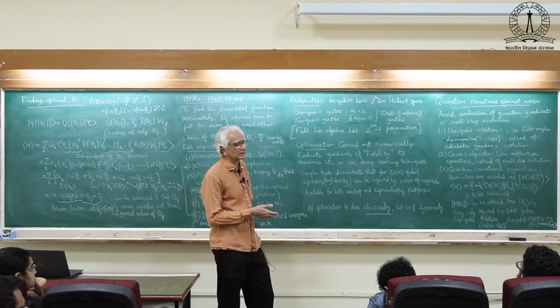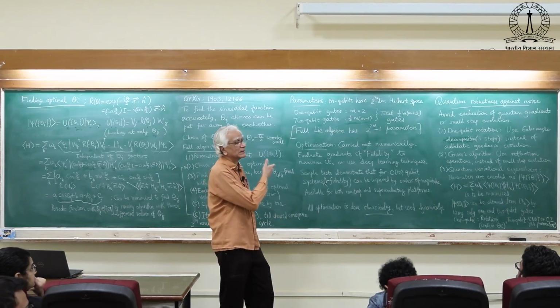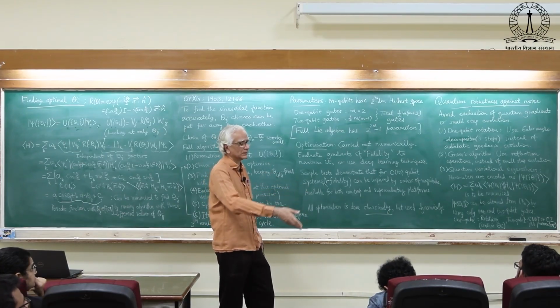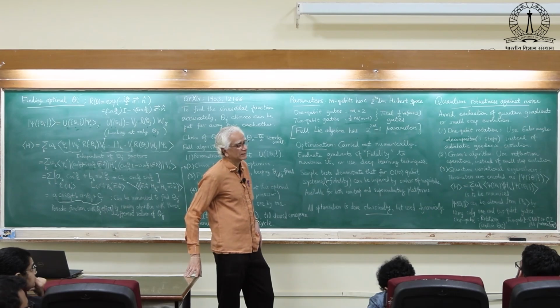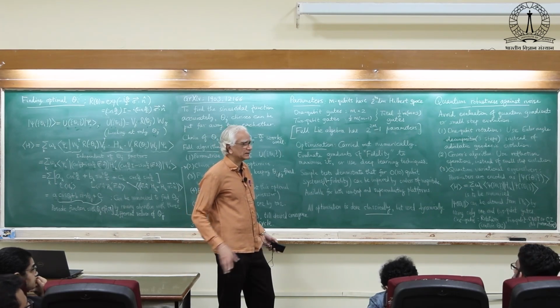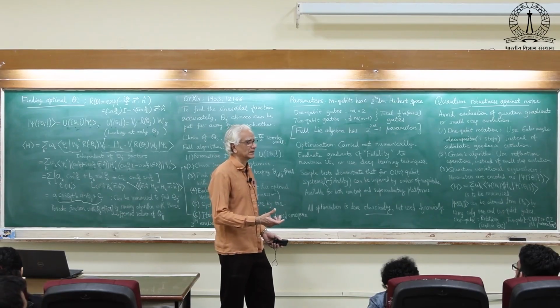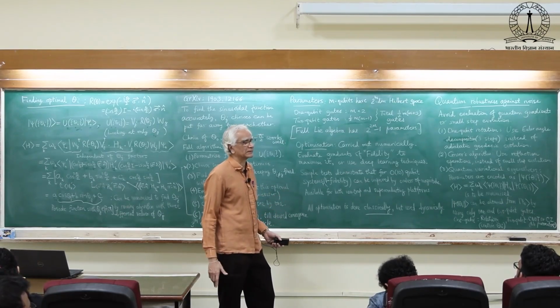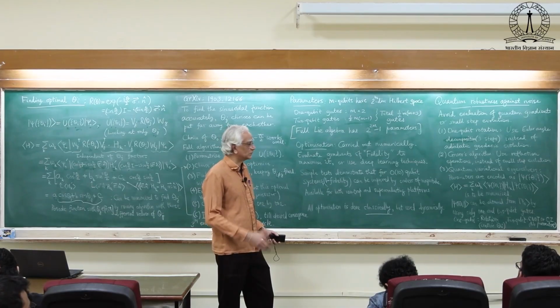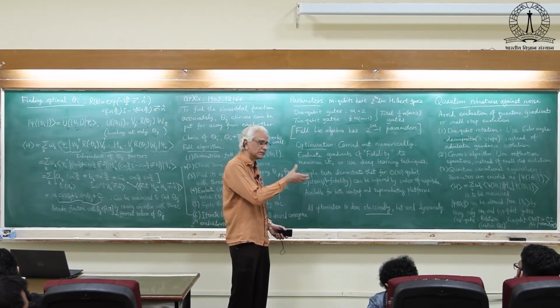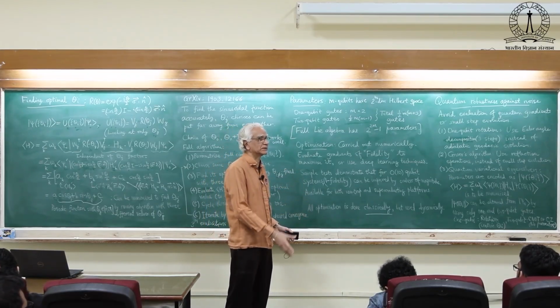That depends on the algorithm, your problem. If you want to implement a Fourier transform, you have to count how many of these gates you need. But the point is that a Fourier transform can be implemented using only 1 qubit and 2 qubit gates. I don't need any other type of gates. So whatever I want to optimize, I will optimize only those qubits which I am using in the circuit.